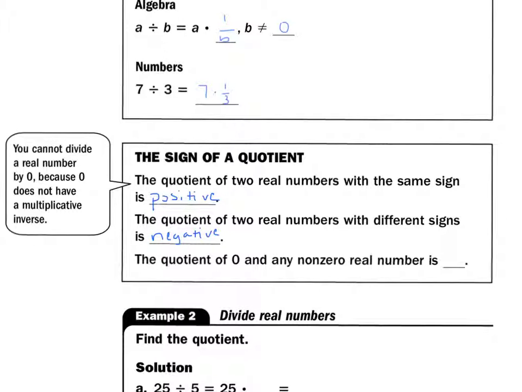If you do 0 divided by any number, such as 0 divided by 2, 0 divided by 3, that will always give you a 0. However, you cannot ever divide a number by 0, because 0 doesn't have a multiplicative inverse. It will give you an error if you try to divide by 0.